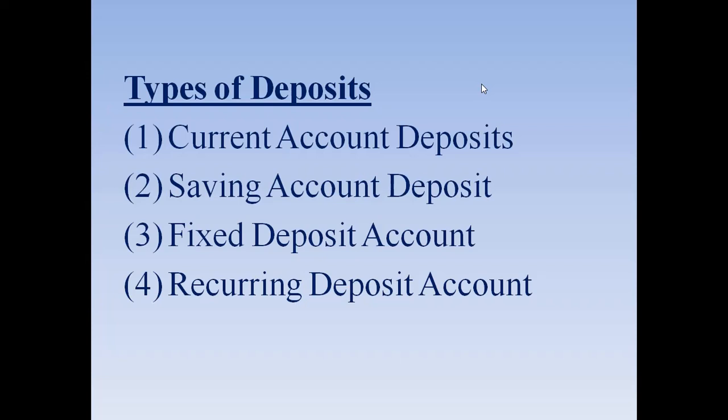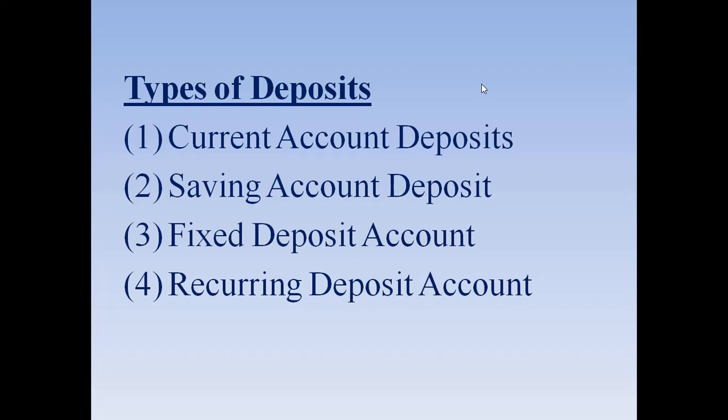And the recurring deposit account. In a recurring deposit account, the customers deposit a fixed amount of money, let us say 1,000 rupees, every month for a certain period of time.